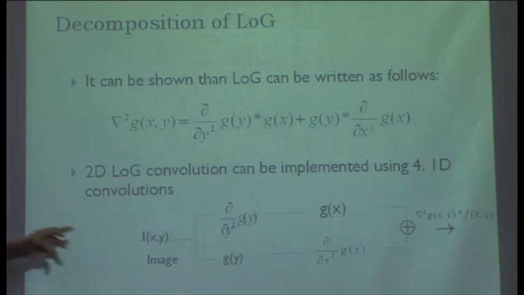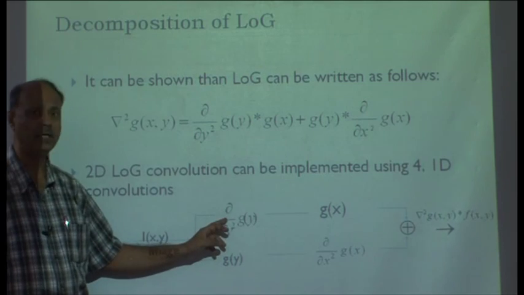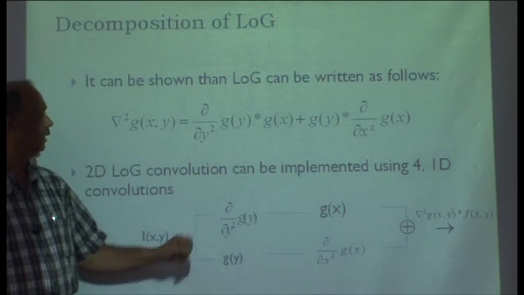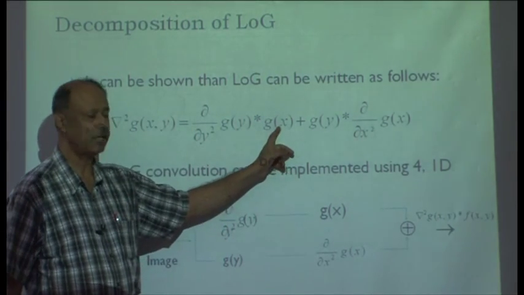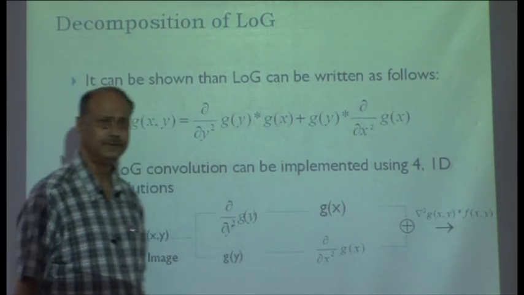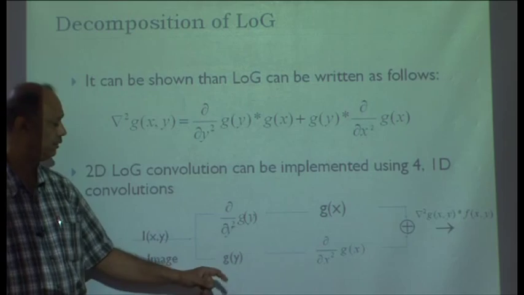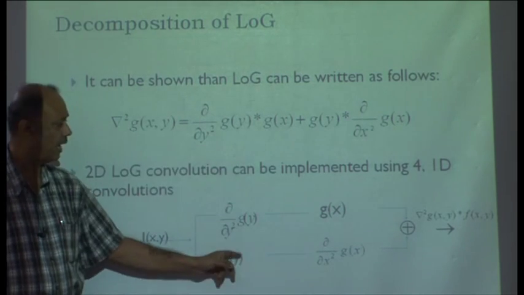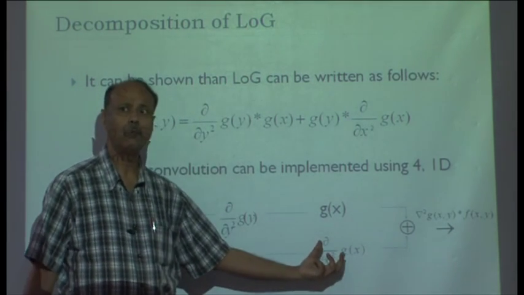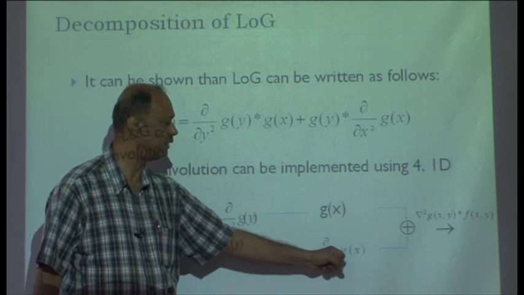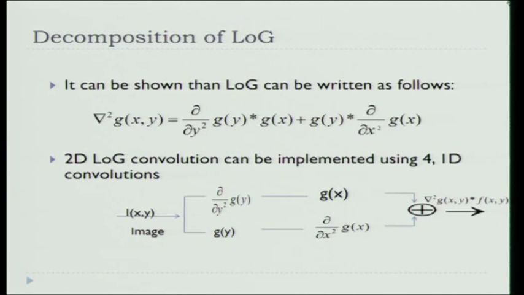So, I convolve I(x,y) with this one, then I convolve the result with Gy. Similarly, I convolve I(x,y) with Gx, and then the resultant is convolved with the second derivative of Gy. The two resultant images you will be adding, because this is the formula I am writing: the Gx part plus the Gy part.